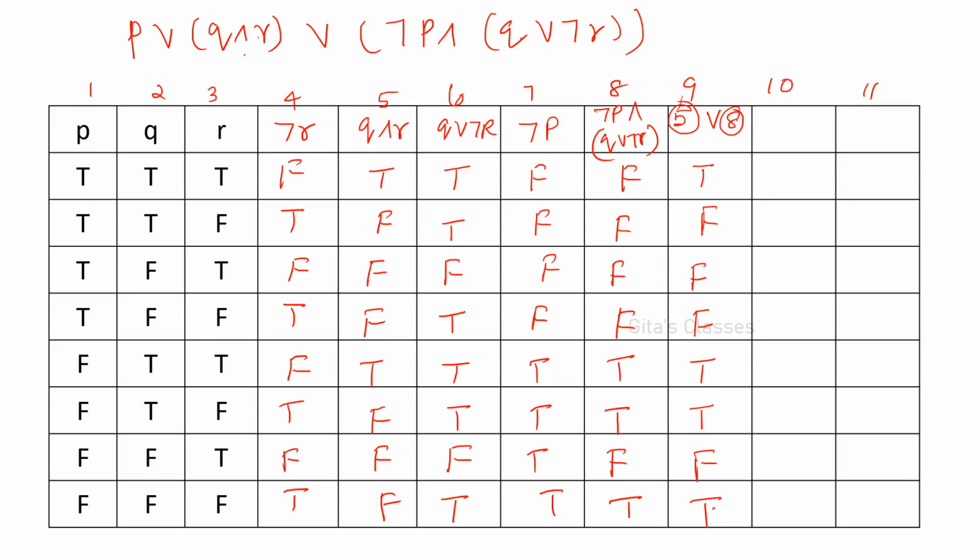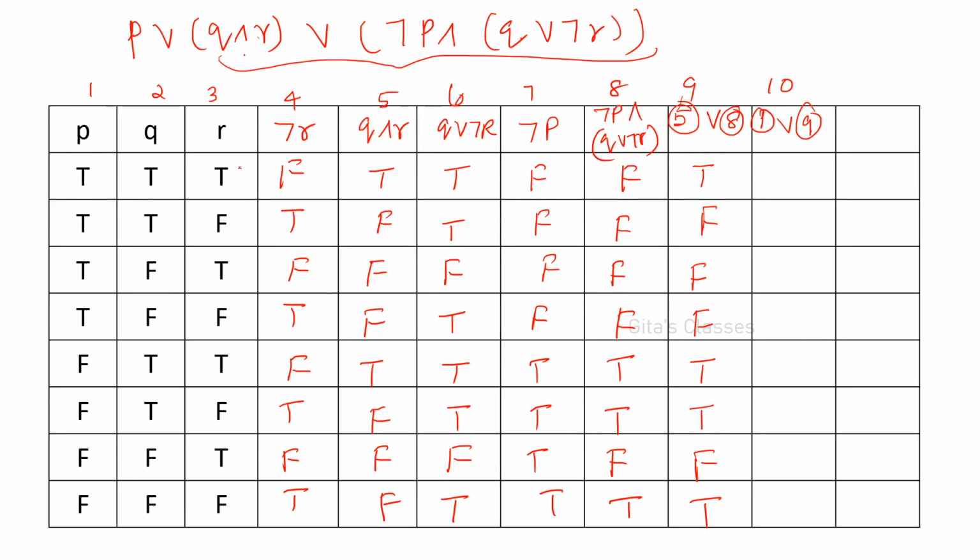Now 10th is PR. Now we have evaluated this expression, right, in 9 we have this expression. And PR, this one, 9. So P, 1 or 9. The last column is not required.